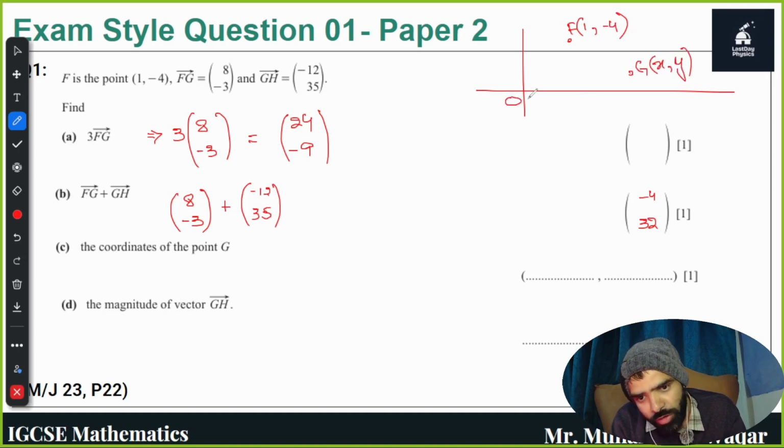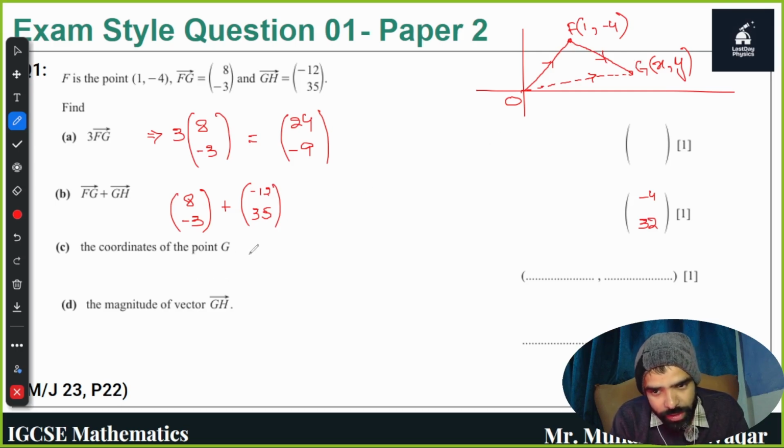So if we are drawing a vector from O to F and then F to G, again a vector triangle, then the O to G vector will be the sum of these two vectors, correct? So we will just make a vector triangle for these.